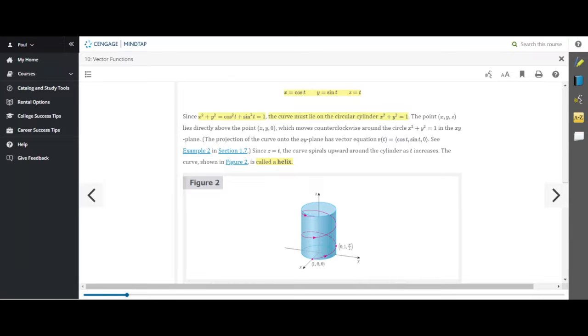What would those two components trace out? Good, a circle of radius 1. That's right, Alexander. That's right, Mary. So think of moving around and around the circle. That's right, Brand. You're going around and around in a circle, but now you've got the z component. So as you move around in a circle, you're also being lifted up, kind of like an airplane going in loops, but going upward. Does that make sense?